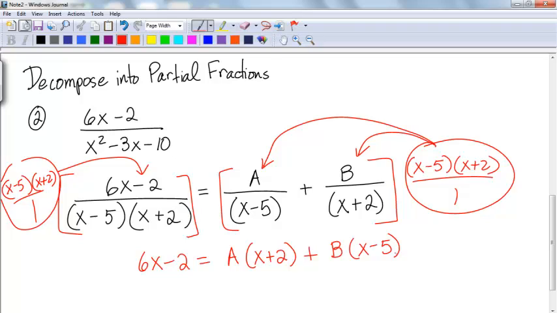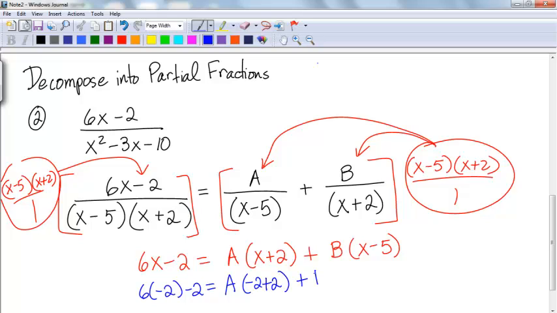Okay? Now, one at a time, you've got to let these drop out. You've got to let this go to 0 so that this drops out. So to let this go to 0, what's x have to be? Yep. So let x equal negative 2. So 6 times a negative 2 minus 2 equals, and go ahead and show it. We're letting this drop out.